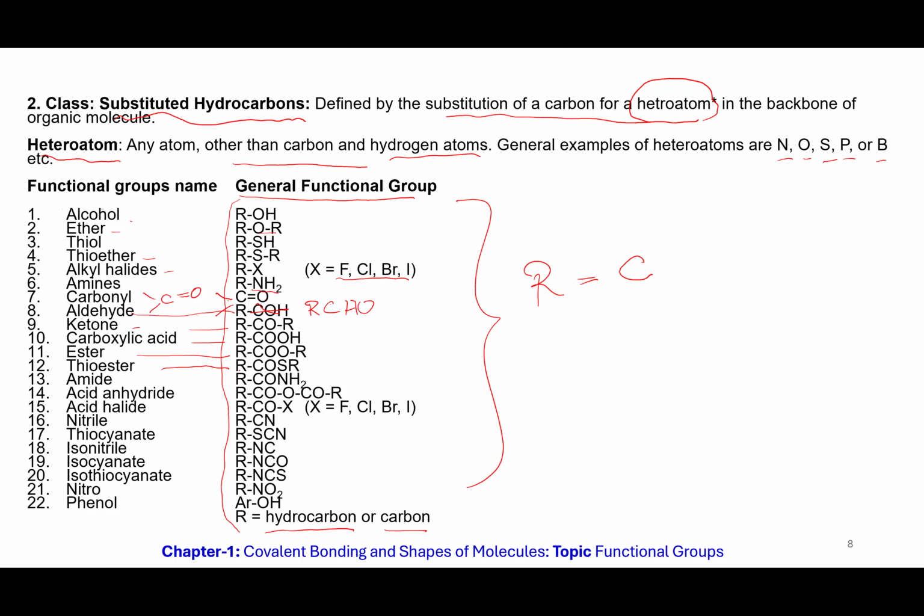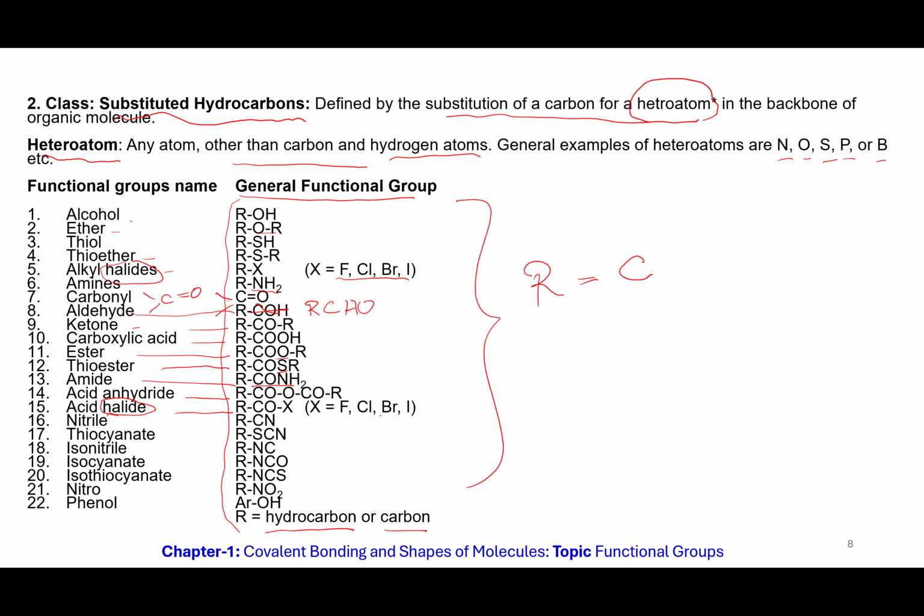Then ketone, carboxylic acids, esters, and thioesters, where this hydroxyl group is changed with sulfur. Amide bond is CONH2, and then acid anhydride or then alkyl halide. Wherever the alkyl halide came, here you can see here is also halide.